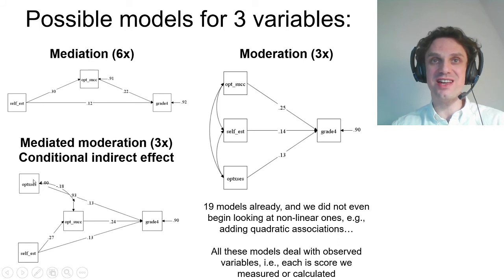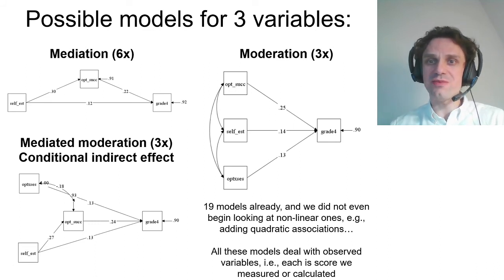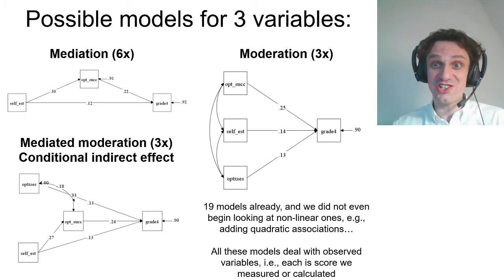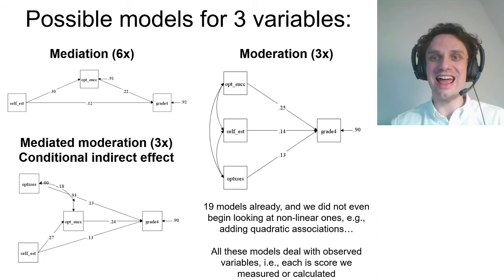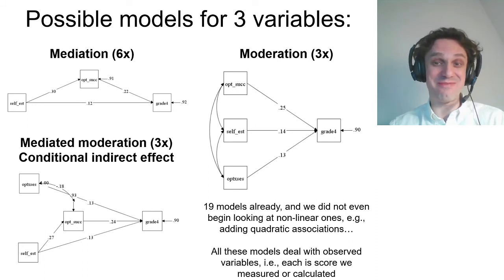So if they come together, there is still additional contribution to academic achievement. So essentially, it's a mediation where we added an interaction term, and we can call this model a mediated moderation model or a moderated mediation model. These terms are extremely confusing, so I would just prefer calling this type of models conditional indirect effects. And today we'll explore what is an indirect effect and why it is conditional.